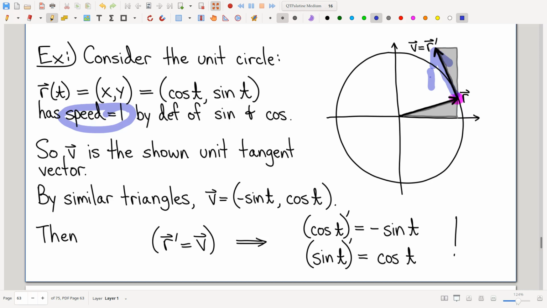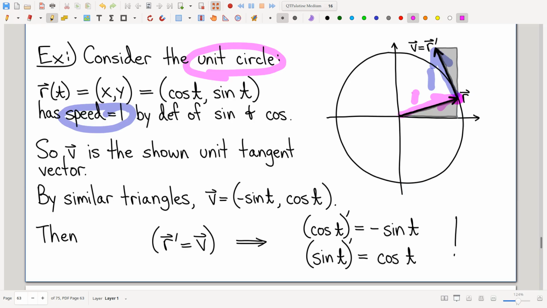Oh, wait a second. We also have talked about how this is the unit circle, which means that distance is 1. These two vectors are both unit vectors. They also are perpendicular to each other, because that's how circles work. And that makes these two gray triangles congruent triangles. Yeah?